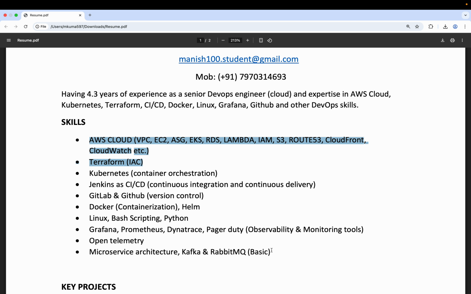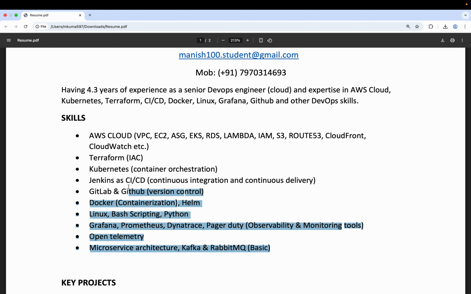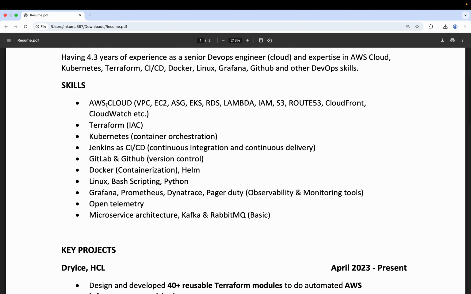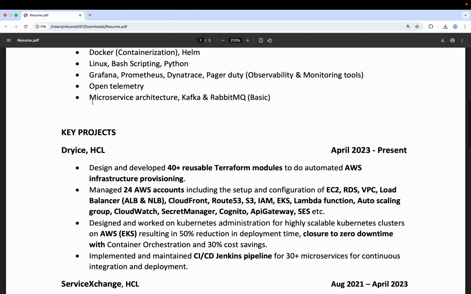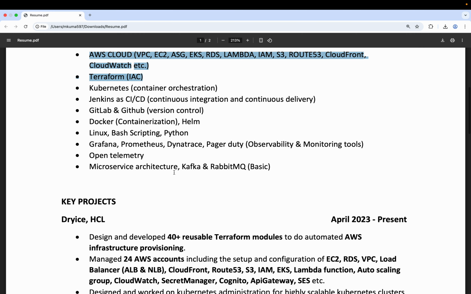So here, if I look at the different skill sets I'm writing on the pointer side, my first objective came, then I wrote the skills. If someone is seeing my resume for the first time, he or she, the interviewer, will start from here only. Rather than getting into depth, he will start from here, that okay, you know AWS cloud, you know Terraform, so he will get started with the basics from here, and then get into the project details and then specific scenario-related questions, correct?